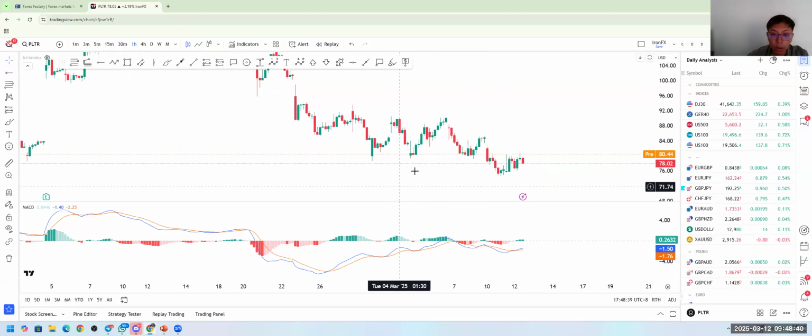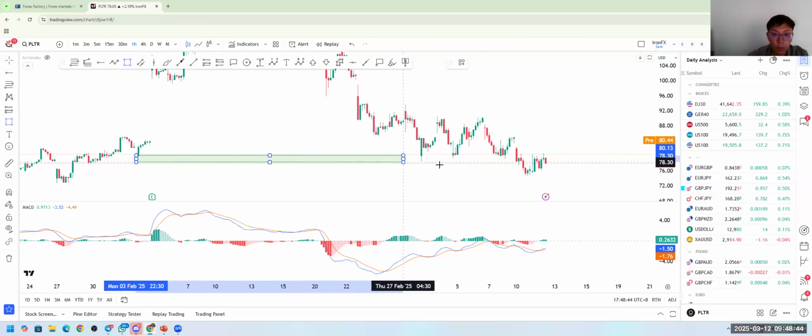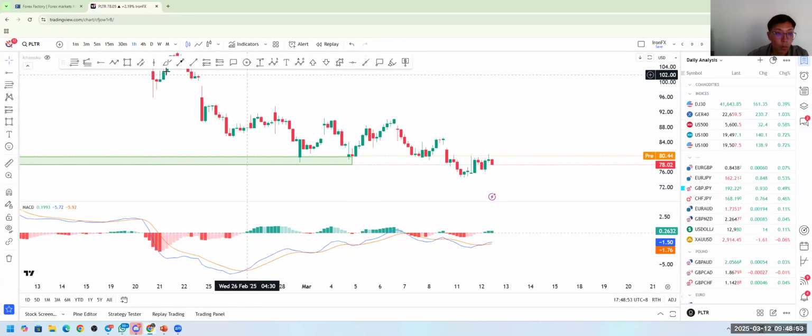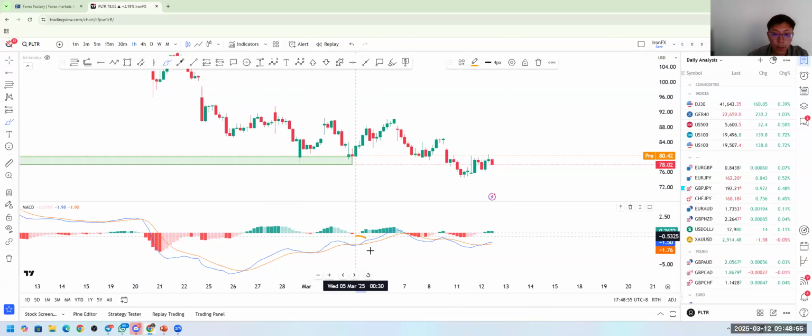Okay, right here we have a very nice support level over here. Let's say pre-market you're looking at this, and then you see, oh, we have a very nice crossover right here, so it aligns nicely. And we have a nice demand zone over here.